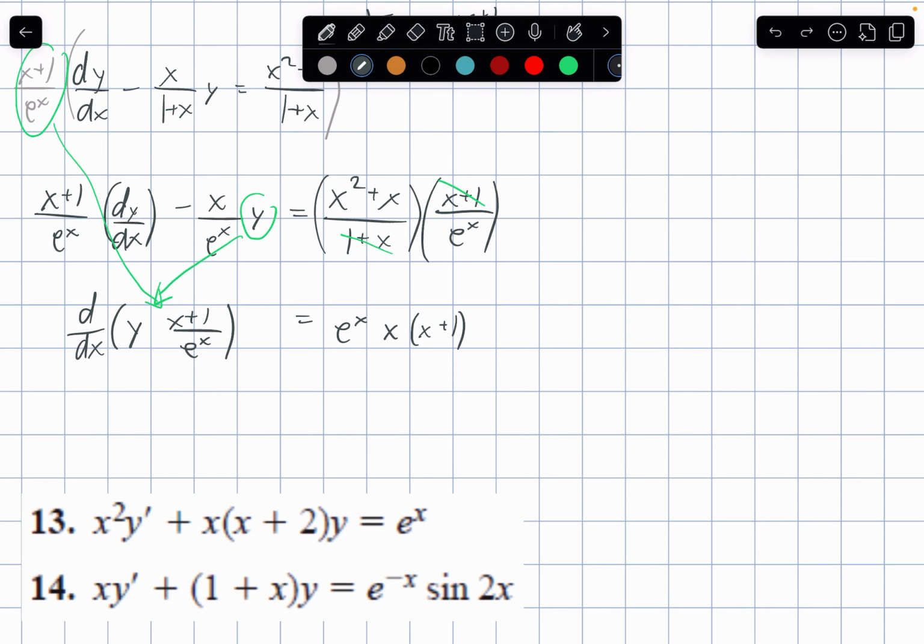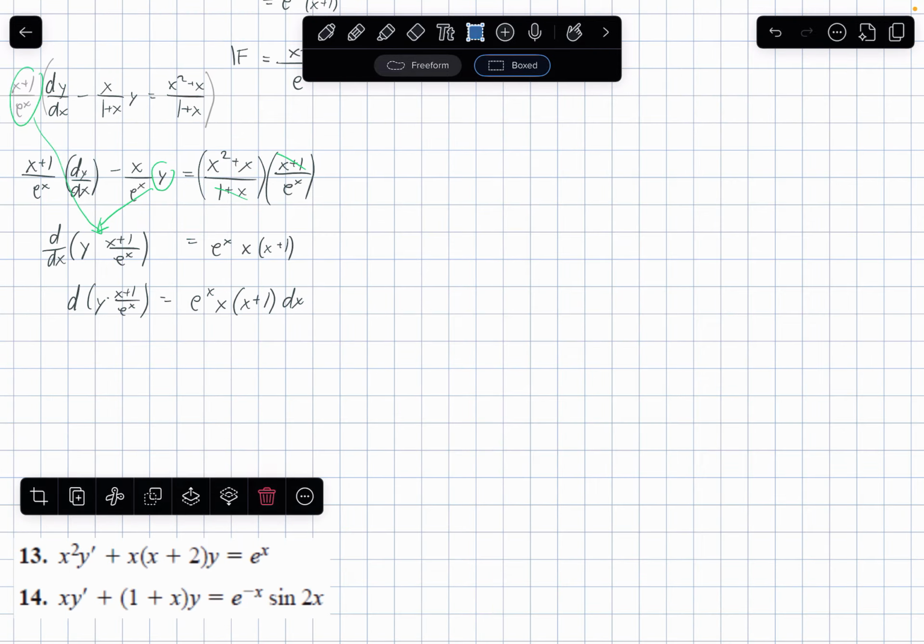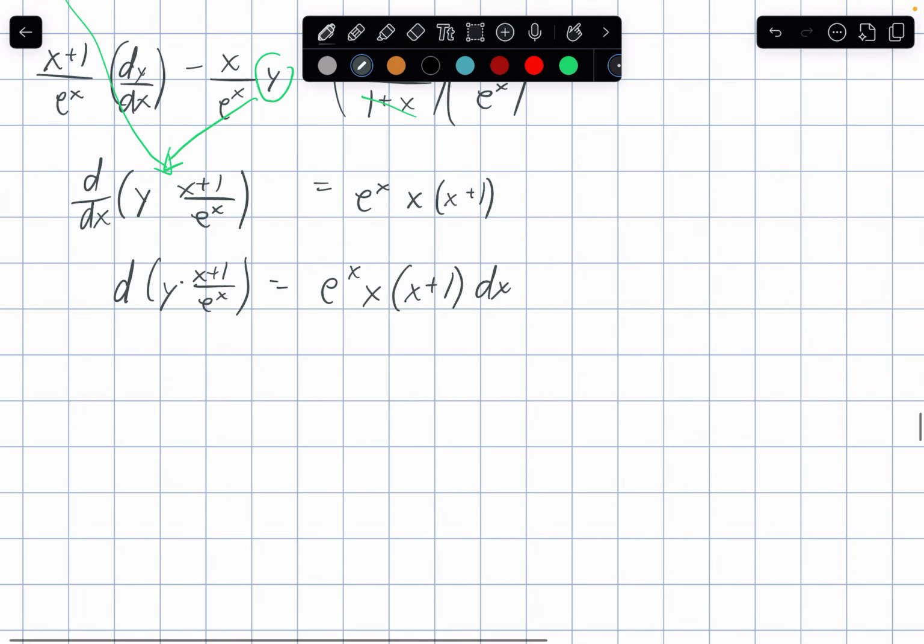Okay, so transpose, you multiply both sides by dx. e raised to x times quantity x plus 1 dx. Now we integrate. These cancel. So what we have in the left side is just this.